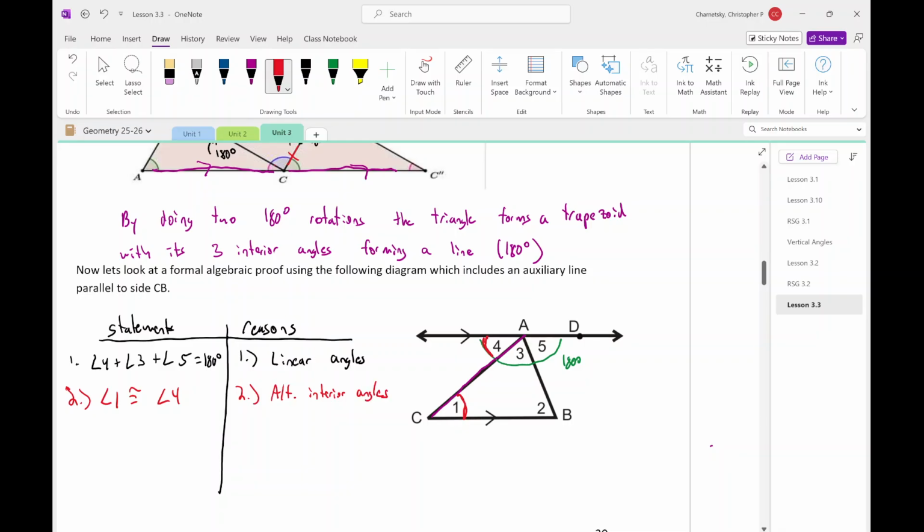We know that alternate interior angles are congruent; we proved that in our last lesson. Over on the other side, with this blue line at AB, we have some more alternate interior angles. 2 and 5 are alternate interior angles, so angle 2 is congruent to angle 5.